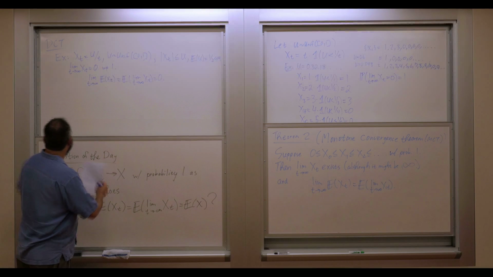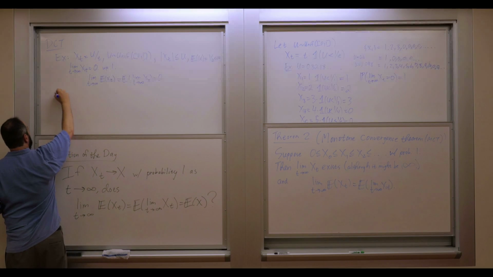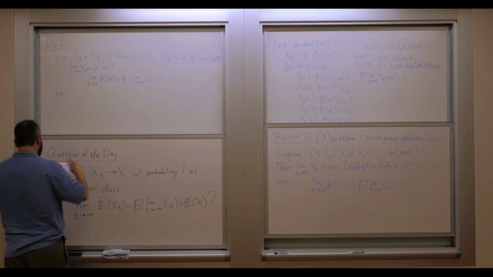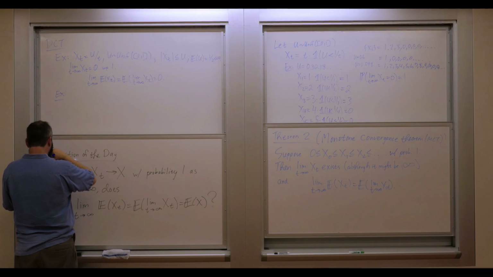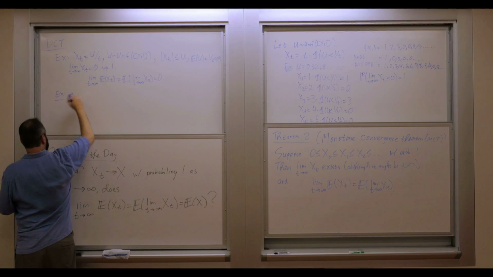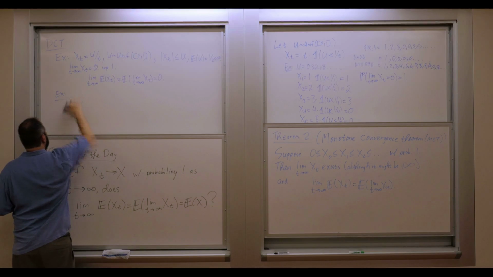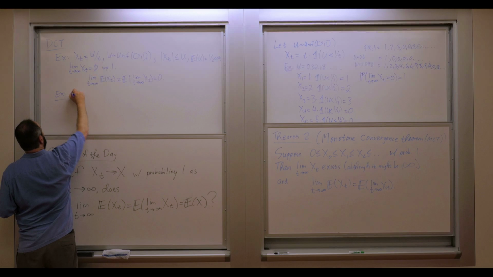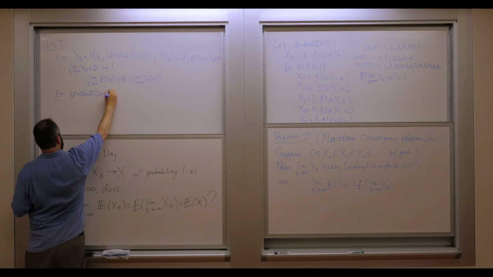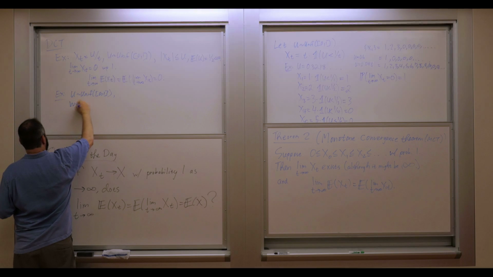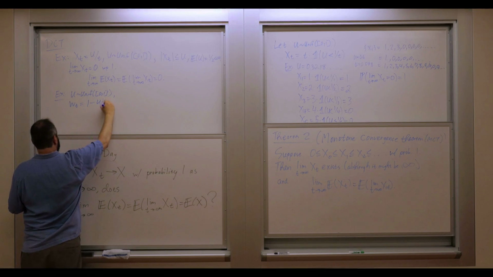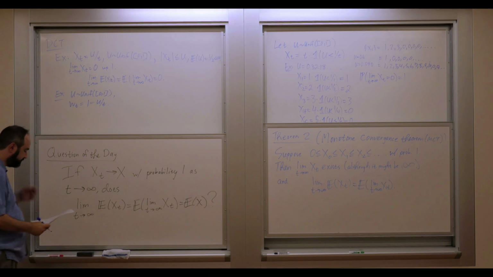Let's do another example. Suppose that U is uniform once again, and W sub t was 1 minus U over t.